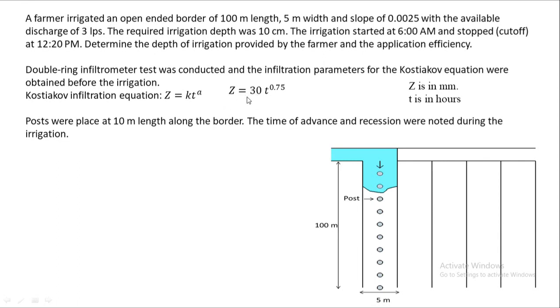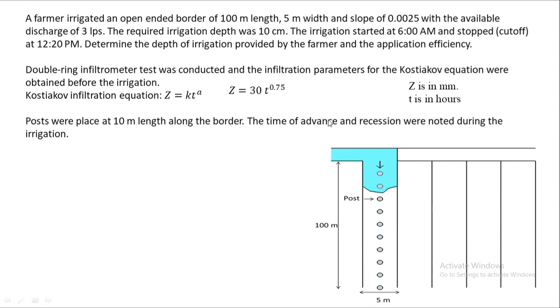Our Kostiakov's equation is Z equal to 30 T raised to 0.75, where Z is in millimeters and T is in hours. Here you can see posts were placed at 10-meter intervals along the border. So at every 10 meters a post was placed.